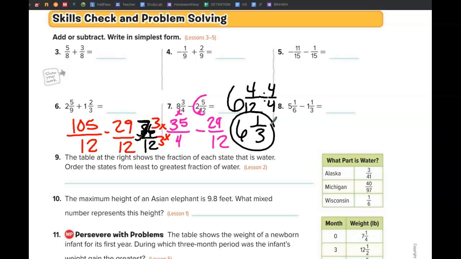Next one. Change the first one into an improper fraction for me, Paul. Good. Minus. Change the next one for me, Zed.